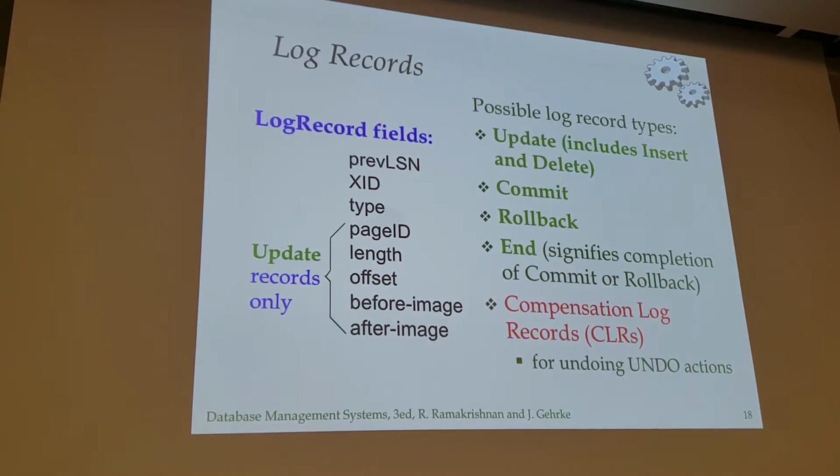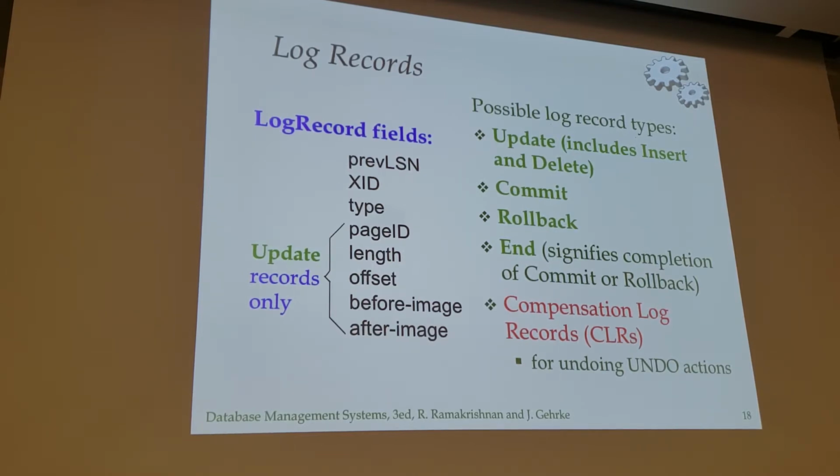There's an end record, which says that I've done everything that was needed to handle the commit or rollback. It's helpful for not having to do everything again and again, and we'll talk a little bit about that. There is the most interesting of these types, which is the CLR, the compensation log record. And we'll get to it.